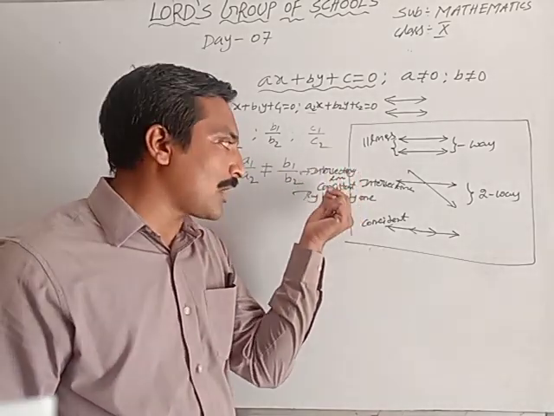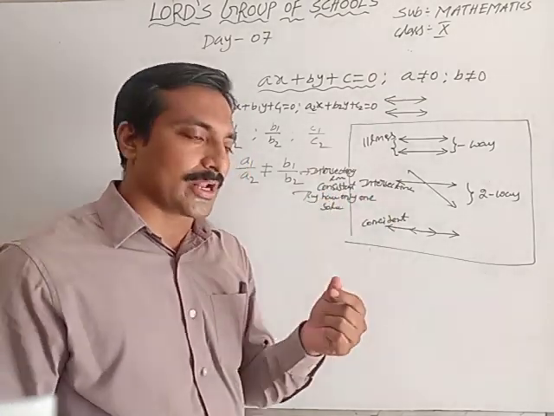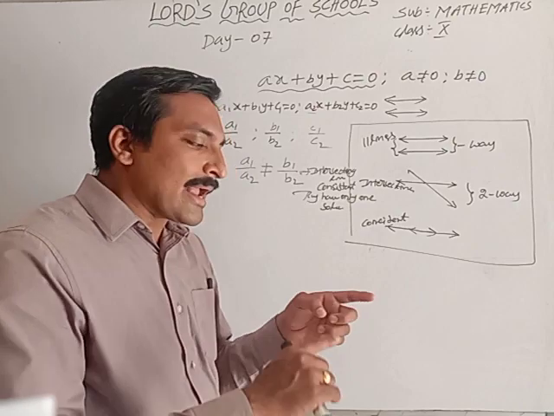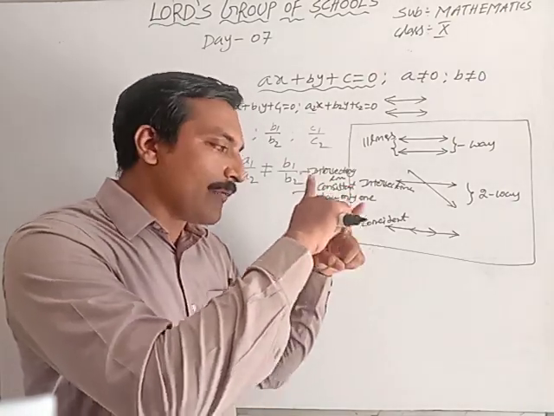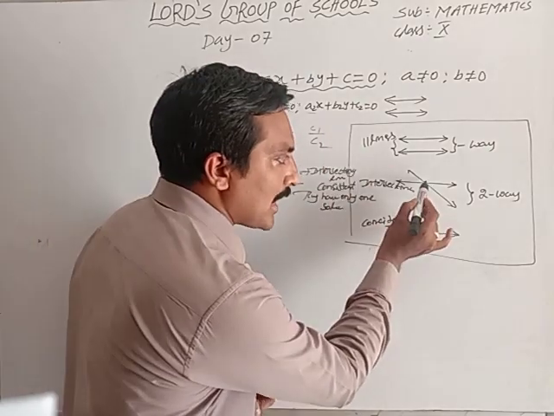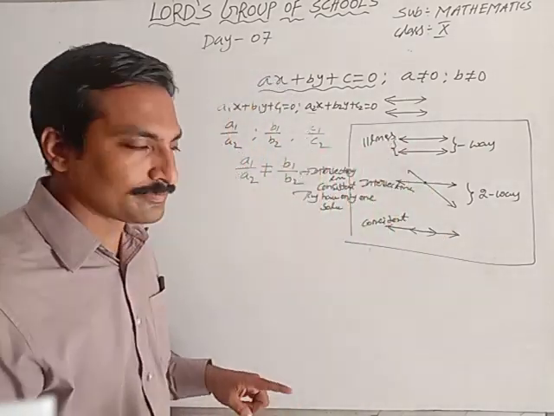This is also known as consistent. They have only one solution. Why one solution? Intersecting means the two lines meet at a particular point, and that meeting point acts as the solution of the two lines.